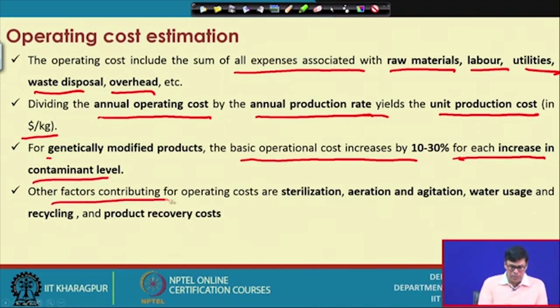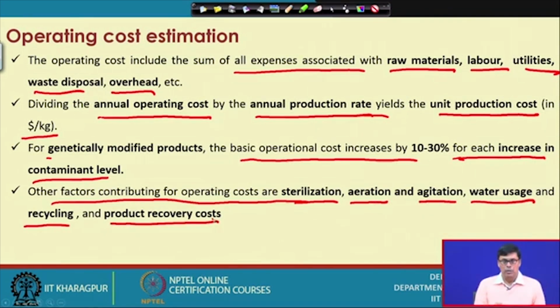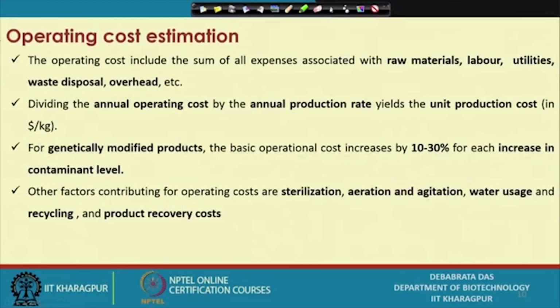The other factors contributing to the operating cost are sterilization, aeration, agitation, water usage and recycling, and product recovery costs. Particularly, I want to tell you that in the case of low value, high volume products, if you can recycle our effluent to the process, the water requirement of the process will be reduced drastically, which is what the biosteel process deals with.